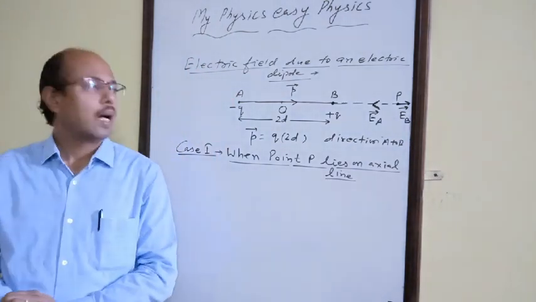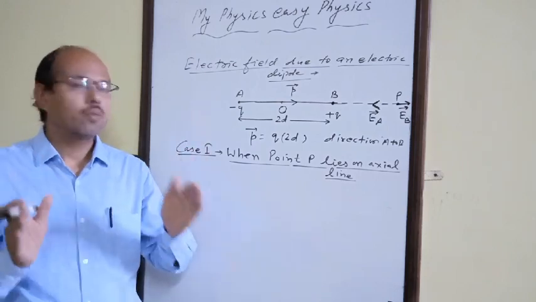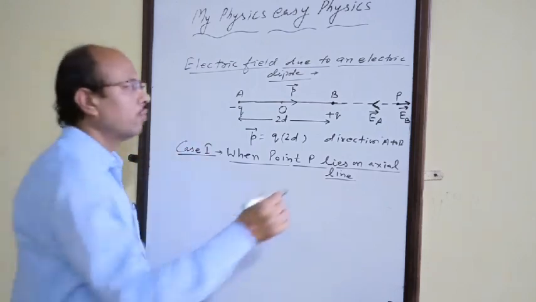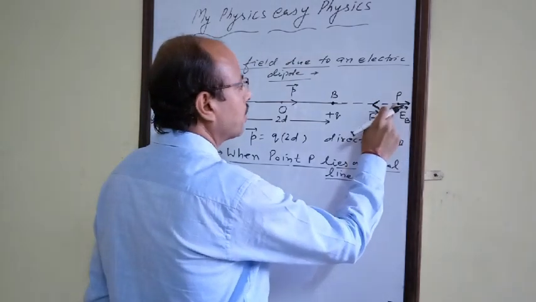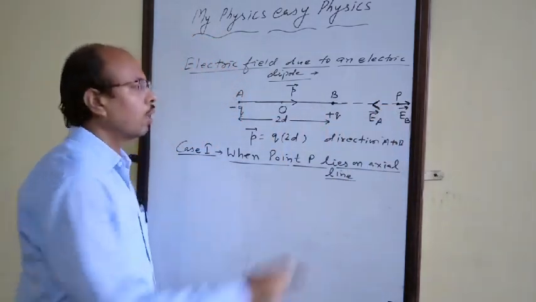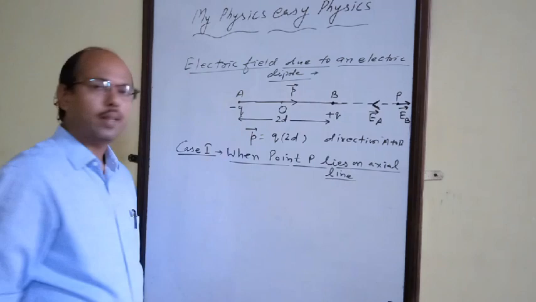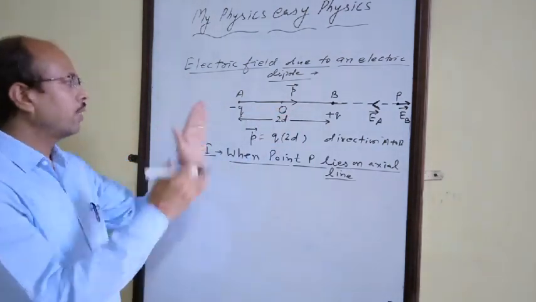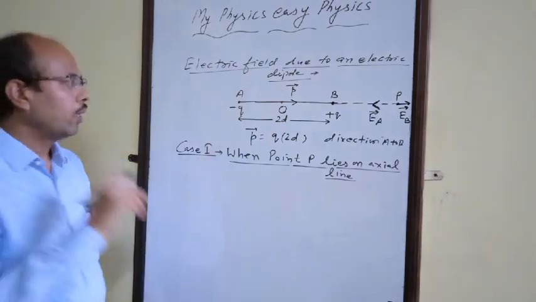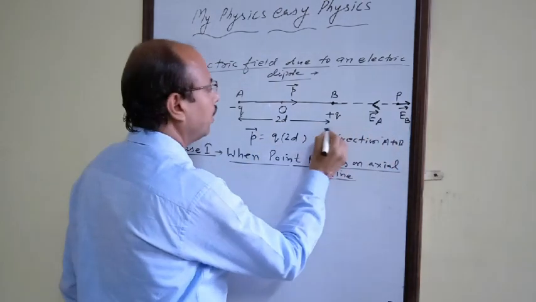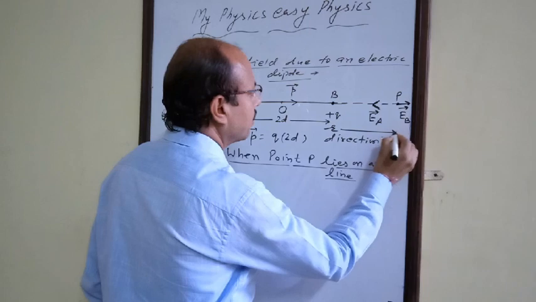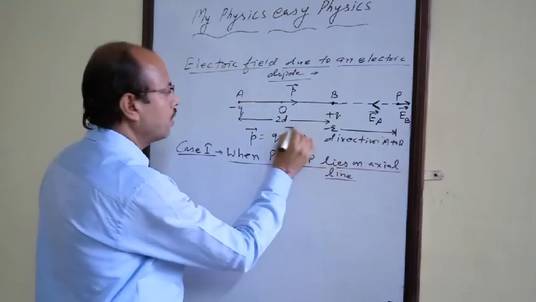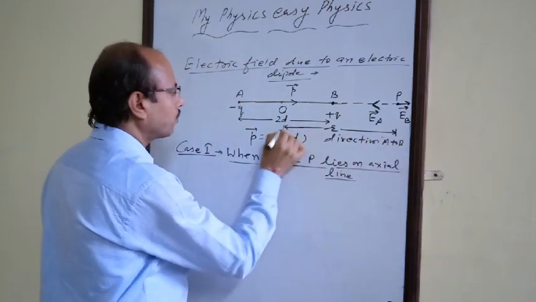First of all, I am writing the expression for EA and EB, and for this we must have the distance from P to B and from P to A. Here we have denoted only the 2d distance between points A and B. Now let us suppose the point P is at a distance r from the center of the dipole.